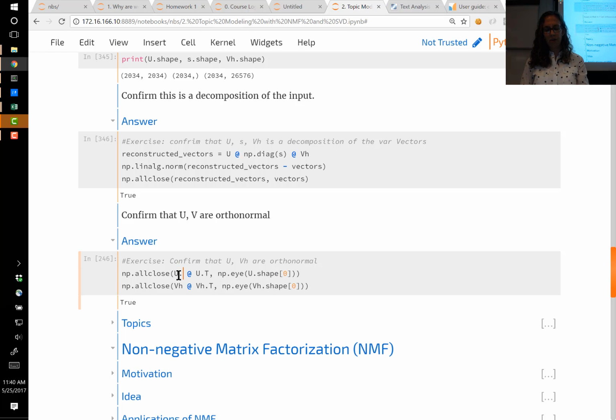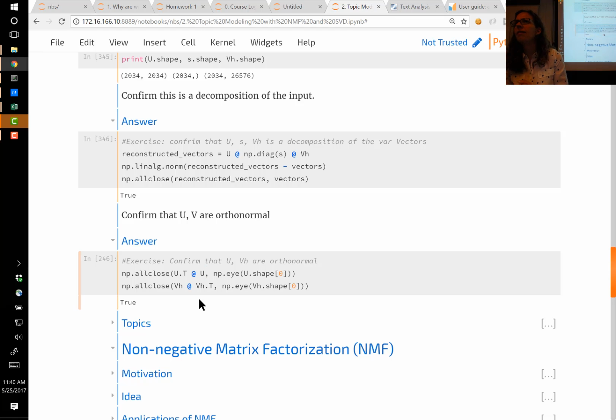Taking the transpose, you get the rows by the columns. That's column of U by column of U. With V, you're getting row of V by row of V. When it's the same row by itself, that's the diagonal of the identity. That's why you're getting ones. Two different vectors are the off diagonals, the zeros.